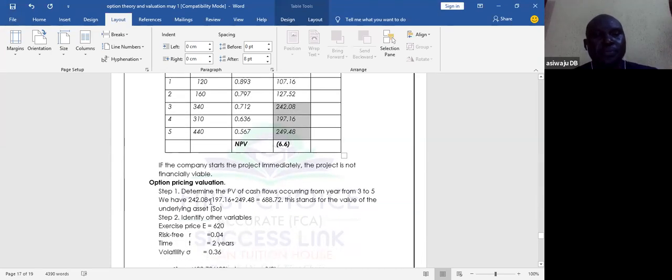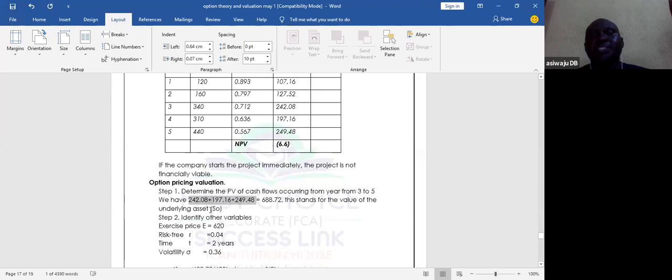I put it here: the present value of cash flow occurring from year 3, the year the investor is willing to buy, up to year 5, that is the maturity year, the end of the project. The addition will give you your S0, the asset price.